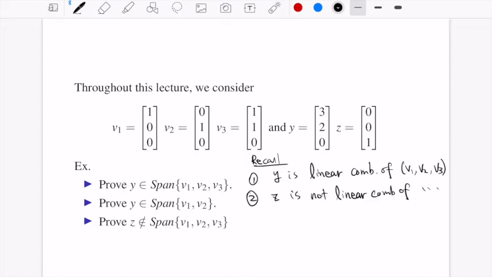Then what does it mean? This actually means y is in the span of v1, v2, v3, and z is not in the span of v1, v2, v3.